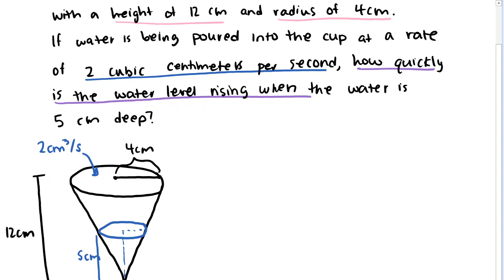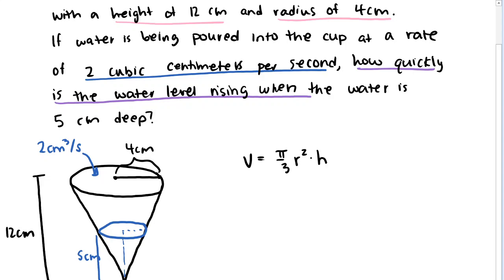And so how do we relate all of these different quantities together? What formula relates the volume and the height and the radius of the cone together? It's the formula for the volume of the cone. So V is equal to pi over 3 times r squared times h.